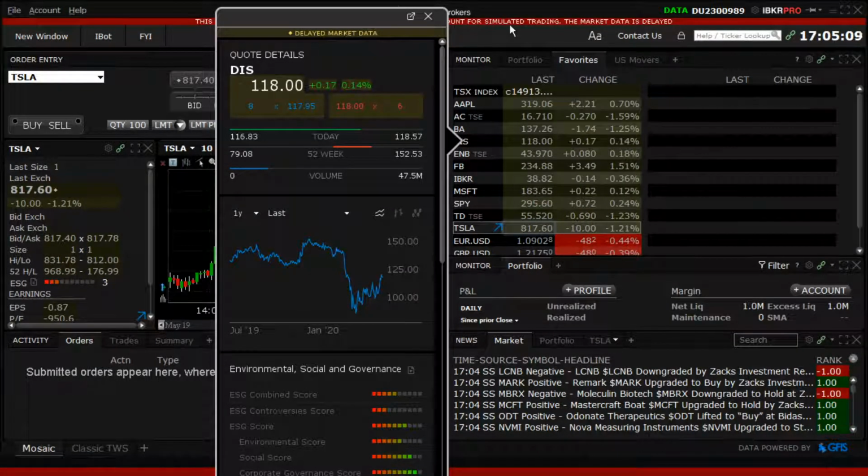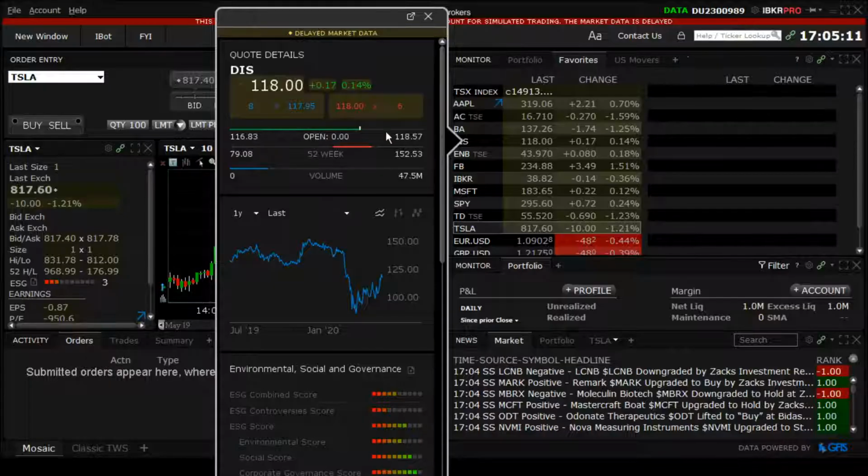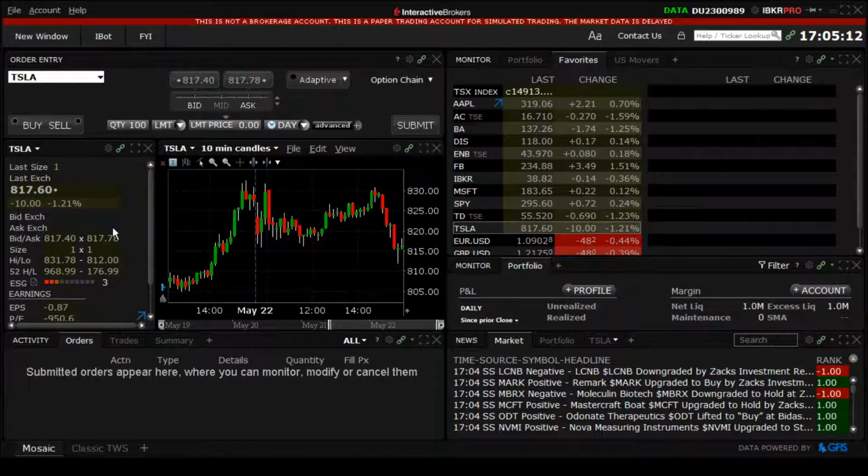So you're going to see things like watch lists, a chart like this. For trading futures, they're going to have their own symbols, like you might have seen /ES or /NQ. By typing in one of these tickers, if you're looking to trade the NASDAQ, you would do /NQ or /MNQ.